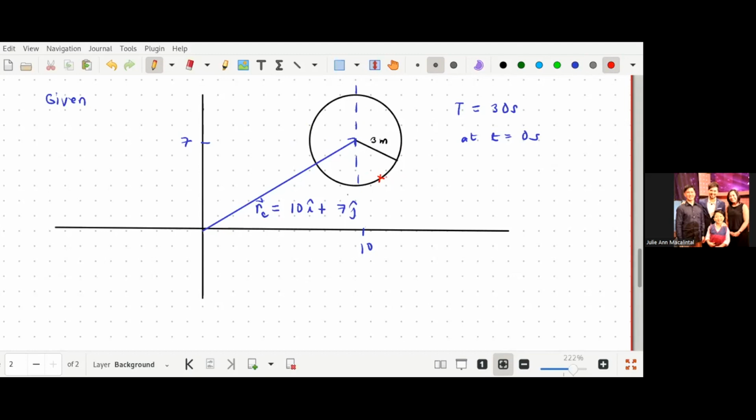So at t equals 0 it's going to be here, and this angle is known to be, let's say, 20 degrees. And then we want to know the equation of motion, the position vector of the particle, assuming it's moving counterclockwise.